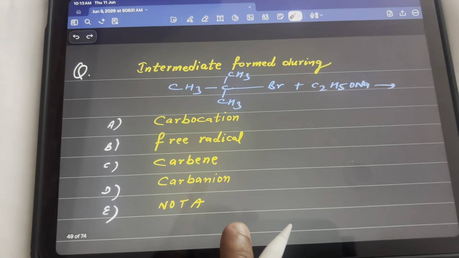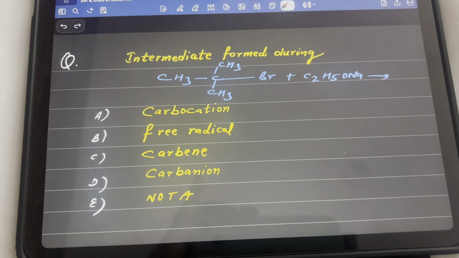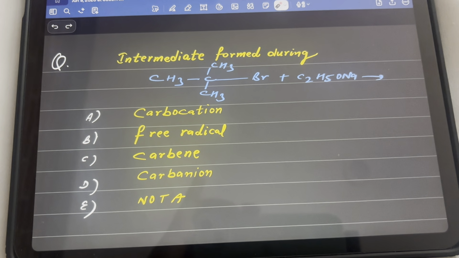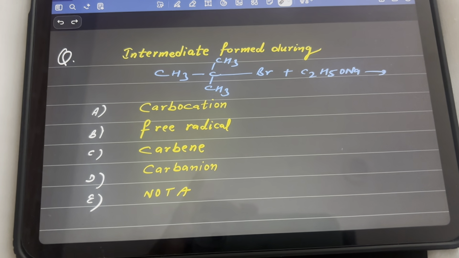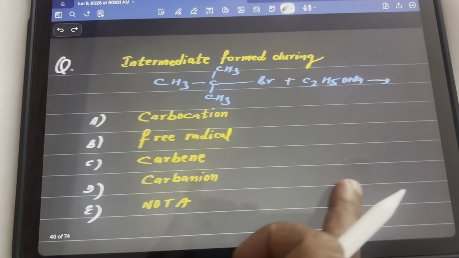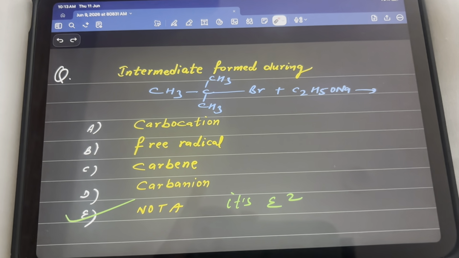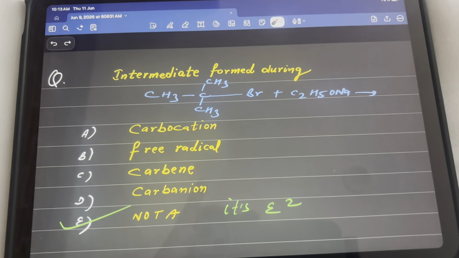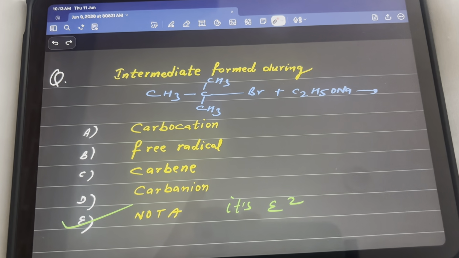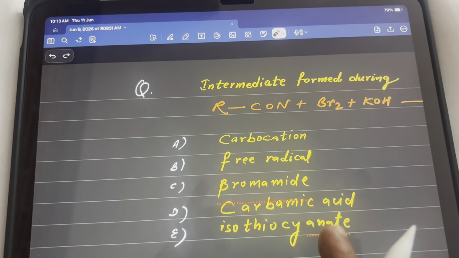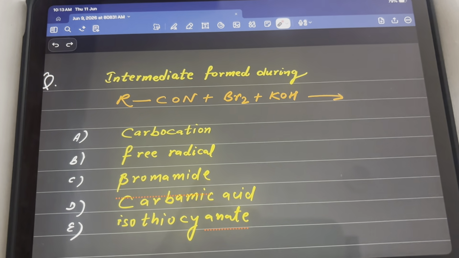Another question on your screen. It is E2 elimination. Without intermediate formation, it is going to proceed. This will act as strong base and will attack to form isobutylene. So none of the above. Now another question on your screen. Just see to it.